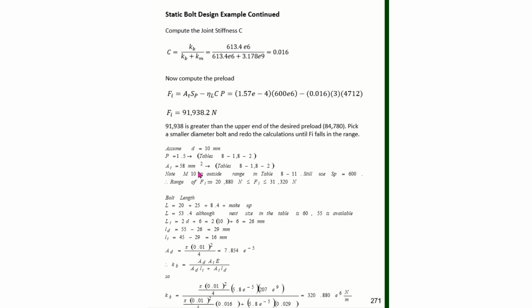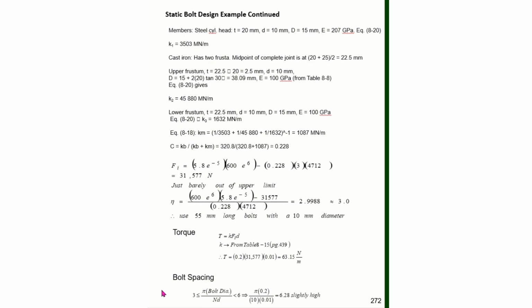So I've done that here. If you assume D is equal to 10 millimeters, then you can come through the entire process again. You'll note that you have to do all of the L's again. You have to do KB. We have to do KM. And so we'll have to do K1, K2, and K3 and get all of our Ks.